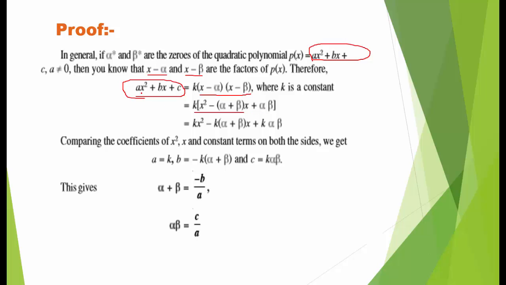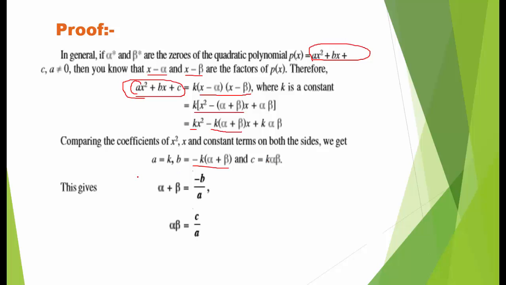Now compare this with the left hand side. Comparing the coefficient of x square, on the left side this is a and on the right side this is k, meaning a equals k. Second, comparing the coefficient of x, b equals negative k into alpha plus beta. And on comparing the constant term we get c equals k times alpha into beta.